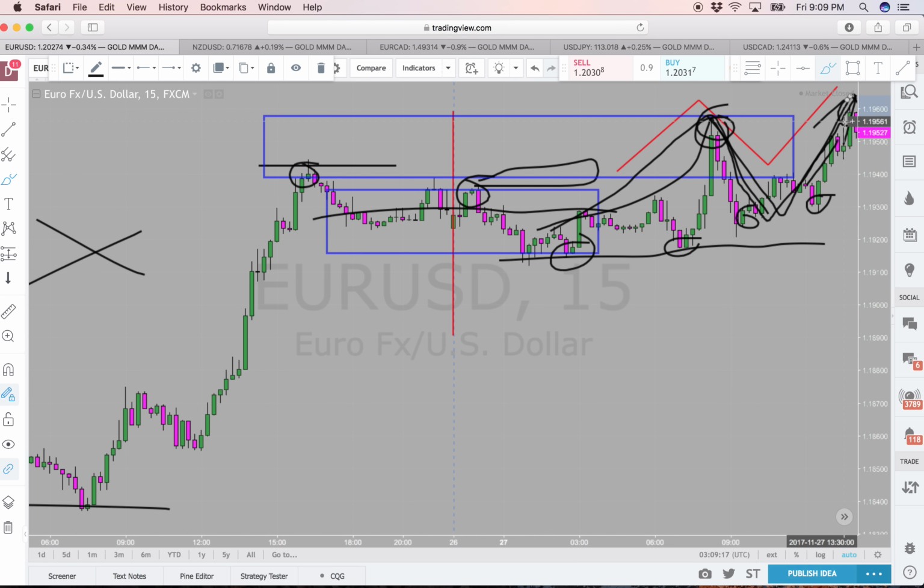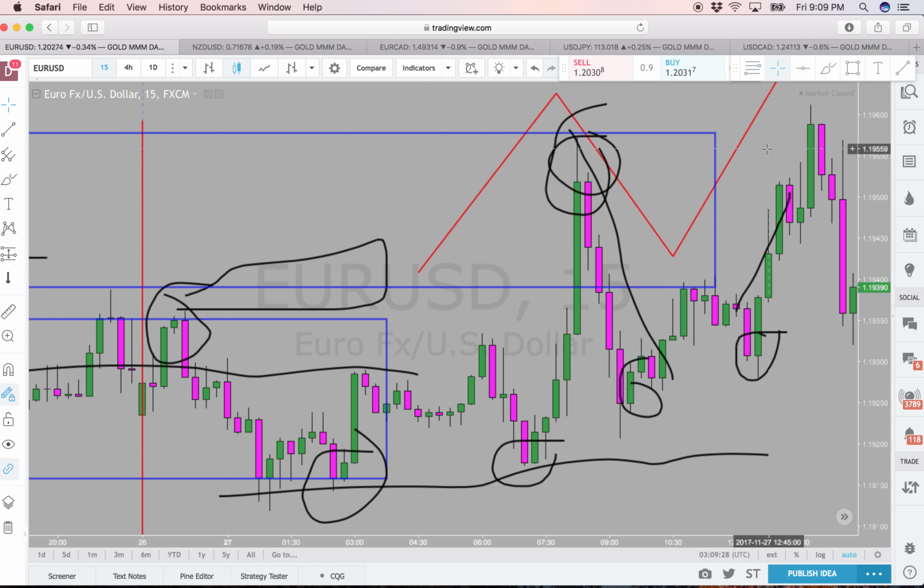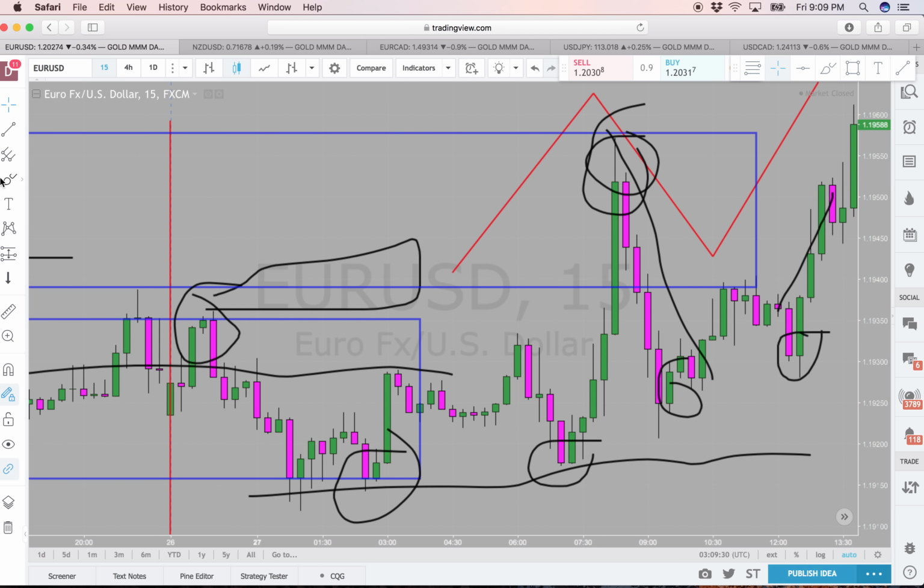Now, to a lot of retail traders, this is the confirmation to get in as a buy, because right above this candlestick, right here, were buy orders.